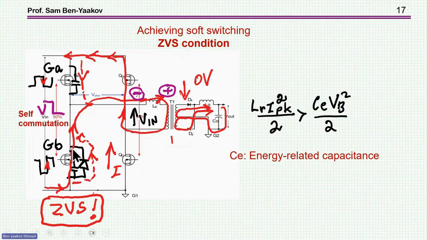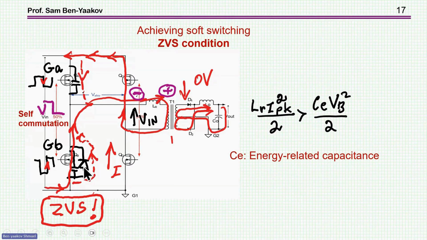And if it is stuck, then when the transistor is turned on, I will have losses due to discharge of this capacitor, which is not now at zero, but has a certain charge that is shorted into the transistor. So I'll have switching losses due to energy stored in the output capacitor, which is shorted into the transistor.